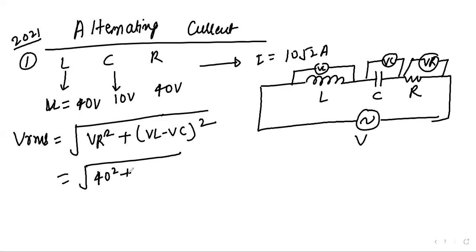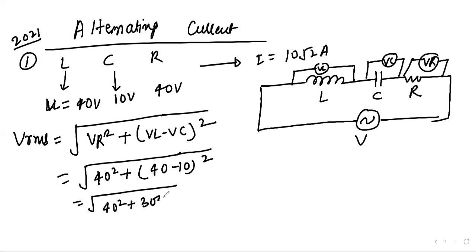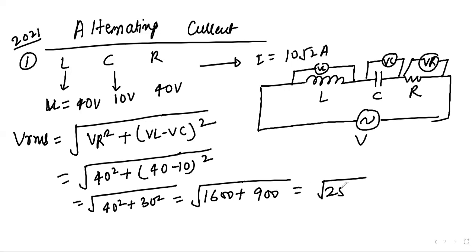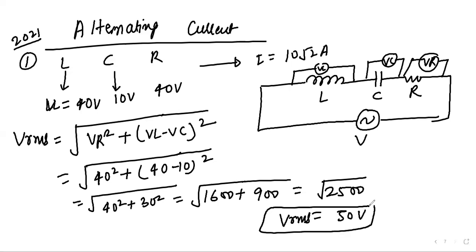So it will be 40 square plus VL minus VC, that is 40 minus 10, so 30 square. 40 square is 1600 plus 30 square is 900. Please add these two, so you will get 2500, so it is coming out to be 50 volt. So your VRMS value is 50 volt.